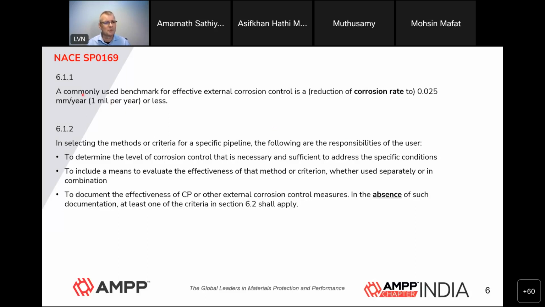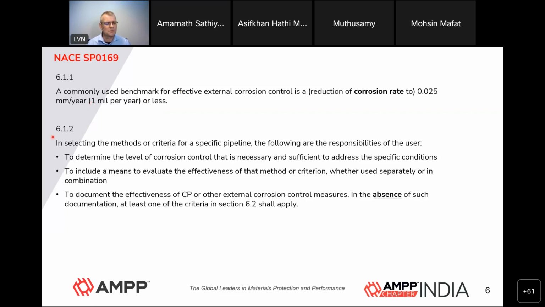And I would like to draw your attention to section 6.1.1, saying that a commonly used benchmark for effective external corrosion control is a reduction of the corrosion rate to 0.025 millimeter per year, that is 1 mil per year, or 25 micrometer per year or less. So actually, we need to recognize that the basis for applying cathodic protection is simply because we want to reduce the corrosion rate.